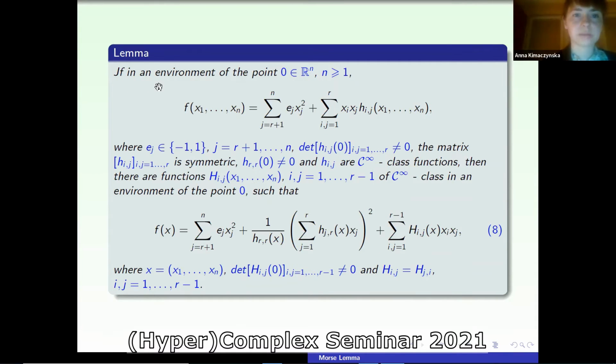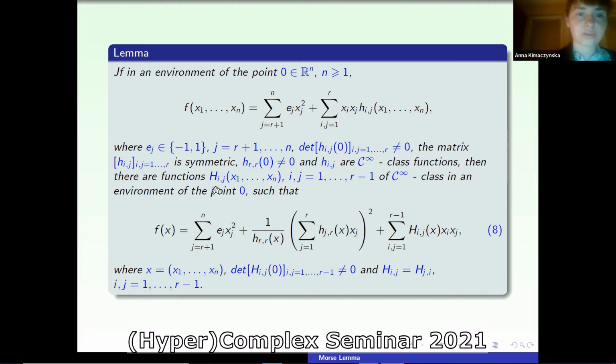Next lemma: if in an environment of the point 0 from Rn, n is greater or equal to 1, f of x is equal the sum from r plus 1 to n of e_j x_j squared plus the sum from 1 to r of x_i x_j h_ij of x, where e_j is equal plus or minus 1, j from r plus 1 to n, the determinant of the matrix h_ij of 0 is not equal 0, and the matrix h_ij is symmetric, h_rr of 0 is not equal 0, and h_ij are C infinity class functions.